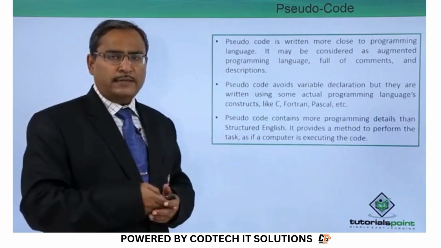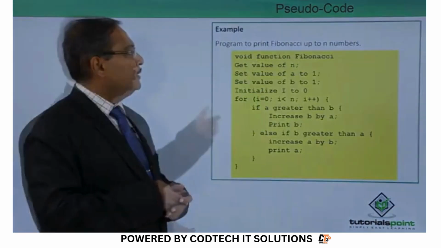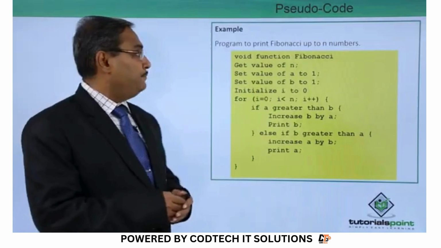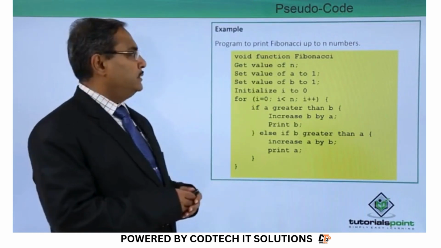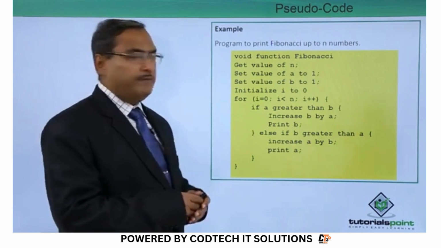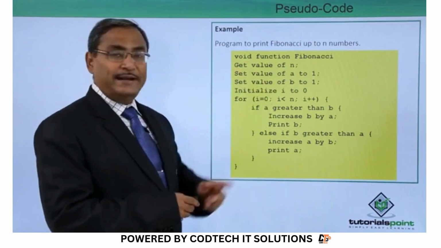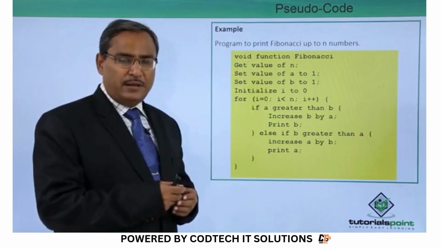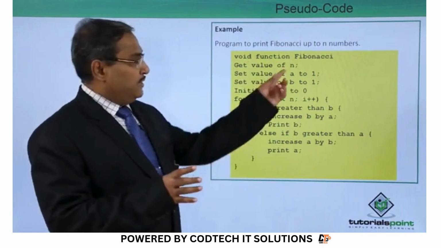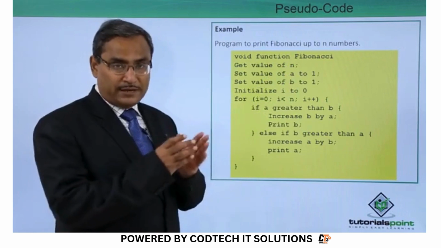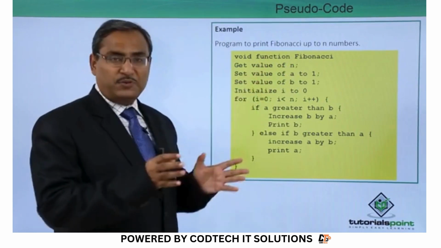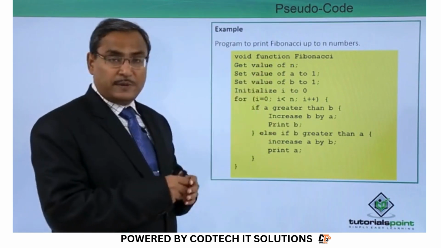So, let us go for one example for better understanding. Here is one example for us: a program to print Fibonacci numbers up to n numbers. Void function Fibonacci. Reading this very line we get the flavor of C programming, but it is not C programming. You see, after the function name there is no opening and closing parenthesis, and the function keyword is not there in C programming.